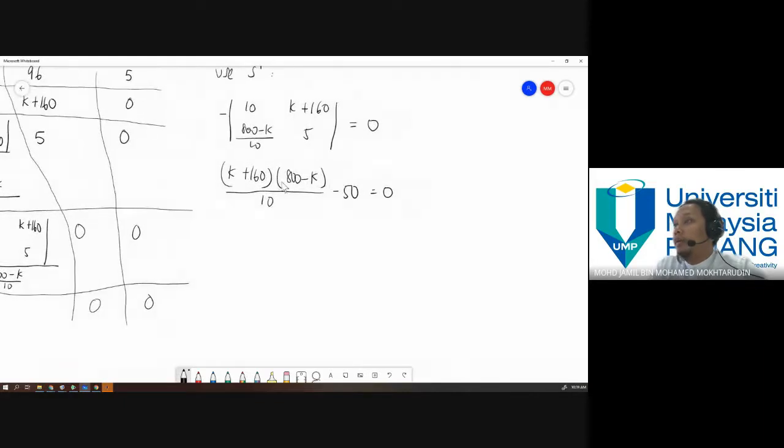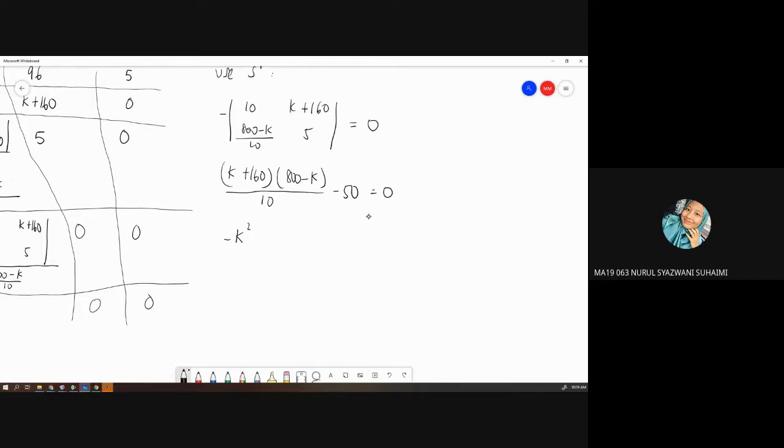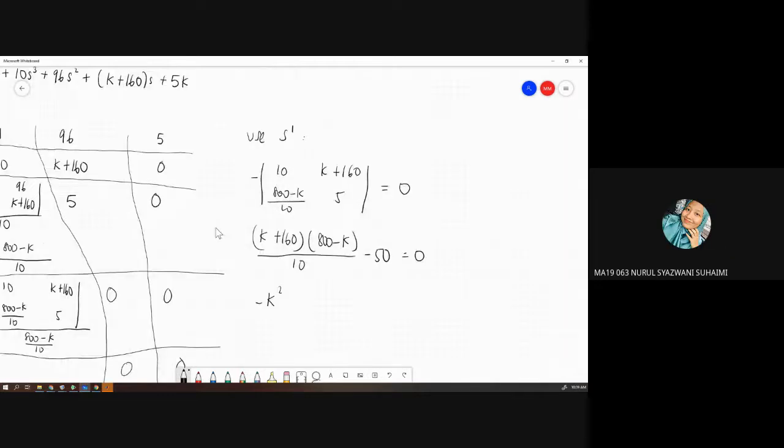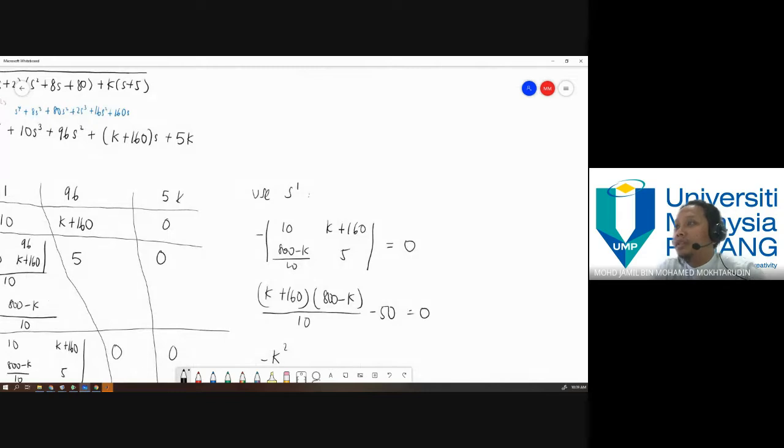Okay, a bit messy because we have a quadratic for K. So simplify. So we get negative K squared. Sir, I think the 5 is 5K. Oh, right. It's difficult, right? Okay, you calculate it yourself after this.